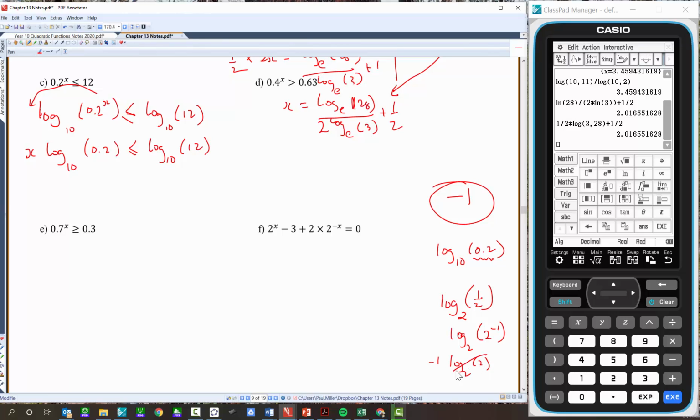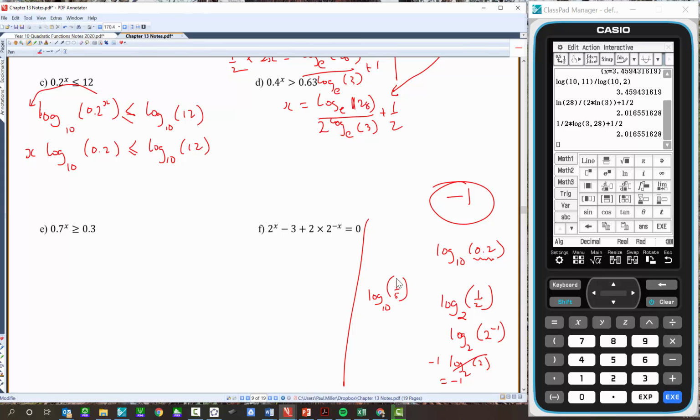Log 2 of 2 is just 1, so the answer is negative 1. So log 2 of a half is in fact negative 1. Now all of these fractions: I could rewrite this as log 10 of 2 over 10, or 1 over 5.